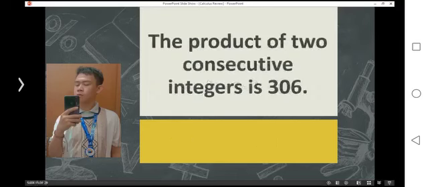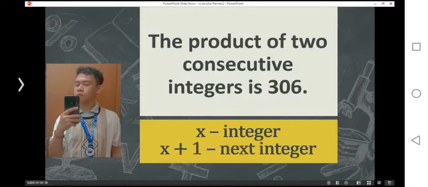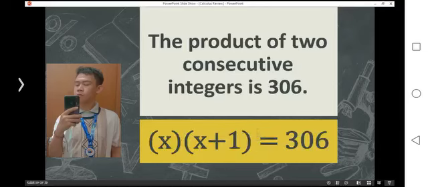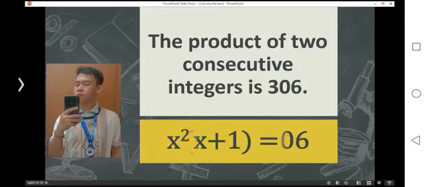Next, the product of two consecutive integers is 306. Answer? So we will let x be your integer. Then we will let x plus 1 be the next integer, since we're looking for two consecutive integers. Product is multiplication. So multiply the two consecutive integers that is equal to 306. Apply distributive property to get x squared plus x is equal to 306.